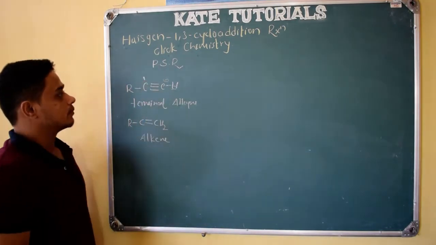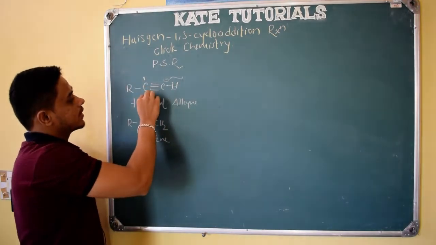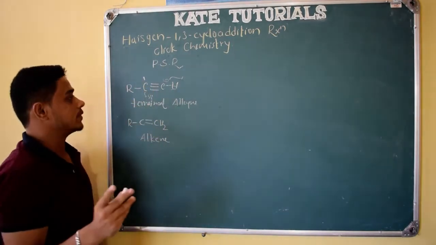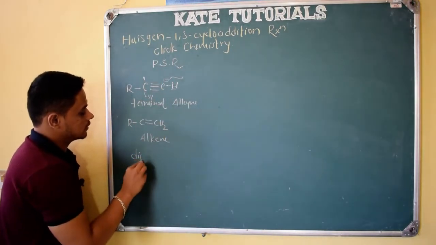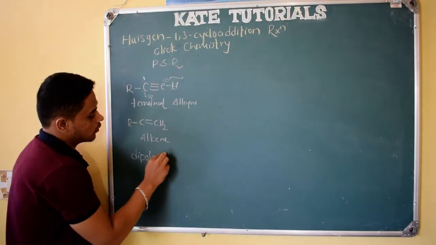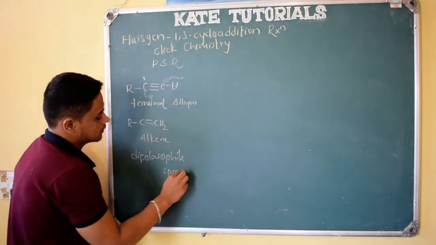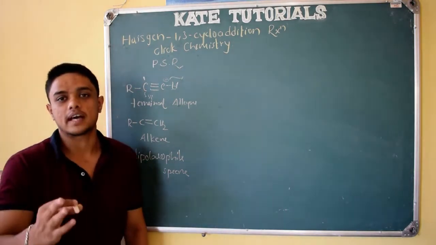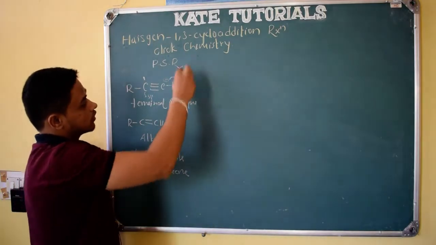Because this carbon's hybridization is sp, it can also act as an electrophile. So two natures will be there. These are called dipolarophile species, which means they have dual character, right? So this is the criterion for click chemistry.